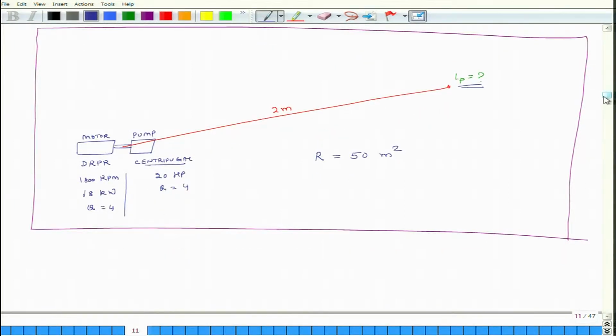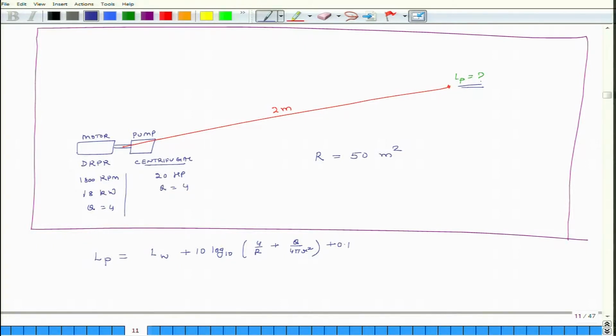We know that the sound power level LP, for a closed room, we have a relation: LP equals LW plus 10 log of (10^4 over R plus Q over 4 pi r squared) plus 0.1.